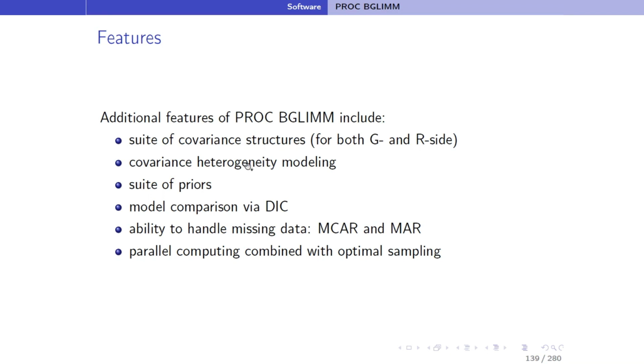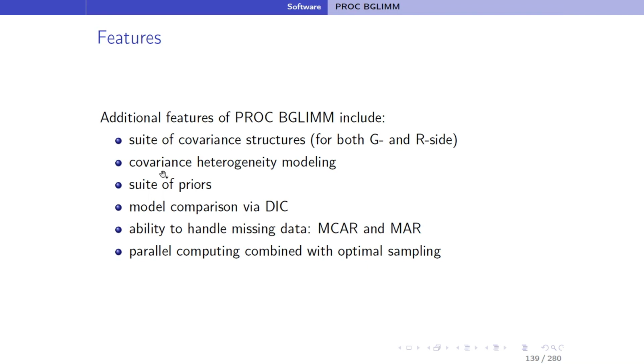Covariance heterogeneity is a way to model different subgroups that have the same covariance structure within a group but different between groups. It assigns default non-informative priors, and if you think the analysis requires additional input or a different prior, there is a suite of priors you can choose from.